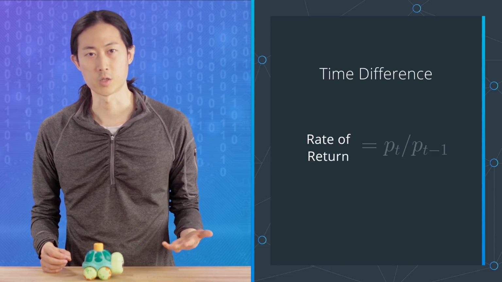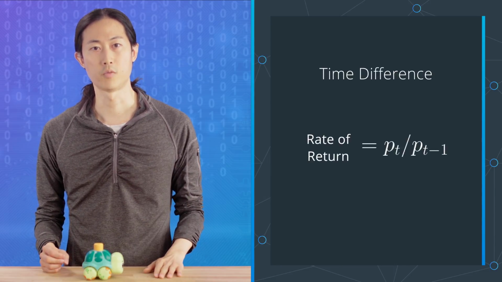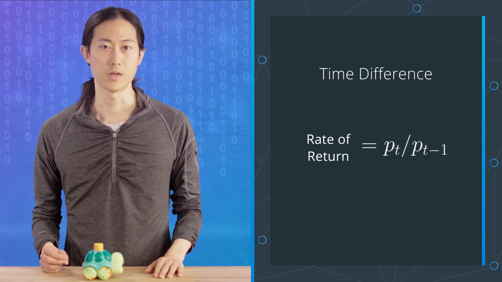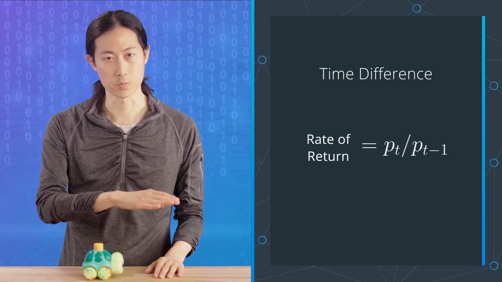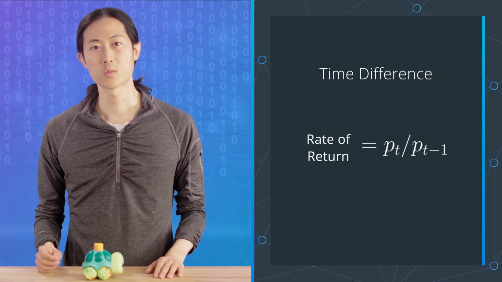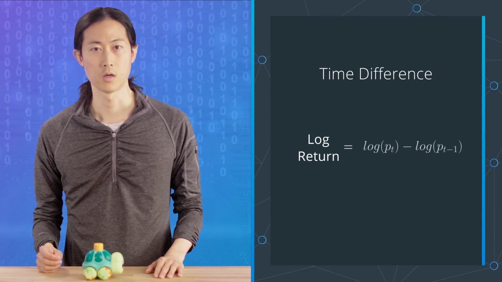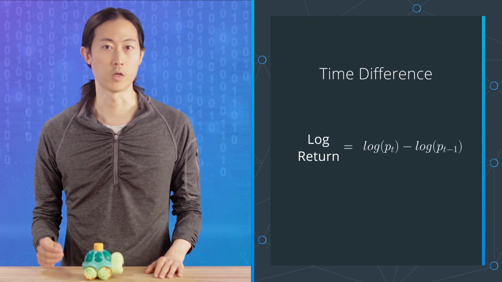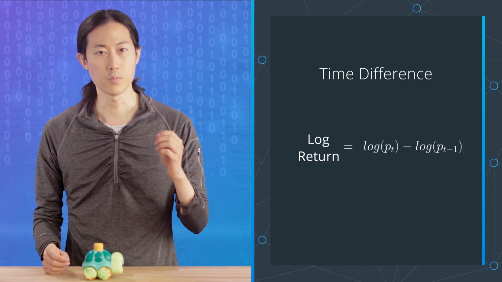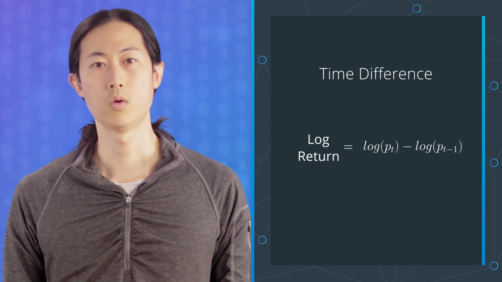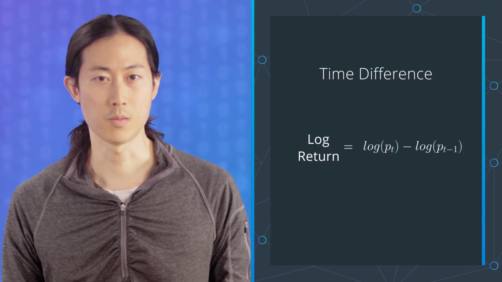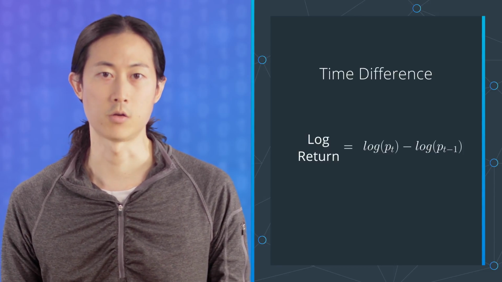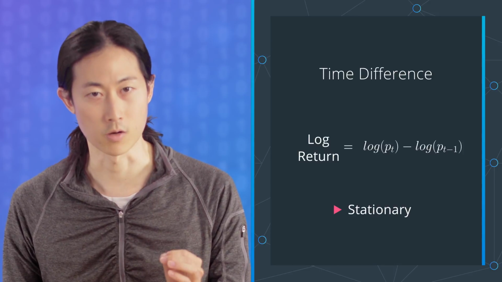Recall that the rate of change between periods, or the rate of return, can be calculated by taking the ratio of the current price divided by the previous price. When you express your data in terms of logs, this ratio becomes a difference between your current log price and the previous log price. When working with financial data, we usually find that asset price time series have a property such that their time difference is stationary.